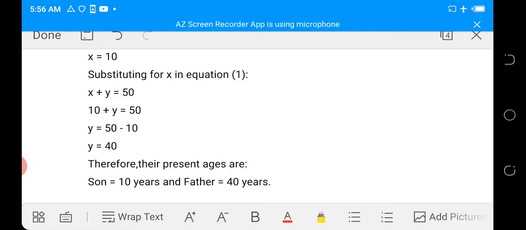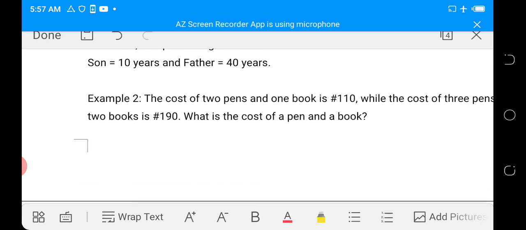And you can see that 45 is 3 times 15. So meaning that in 5 years' time, the father will be 3 times as old as the son. So automatically our answers are correct. The son is 10 years and the father is 40 years. Let's move to another example. Example 2.